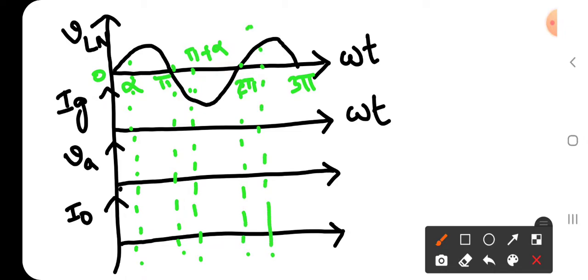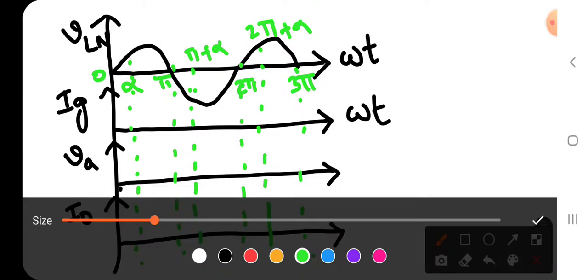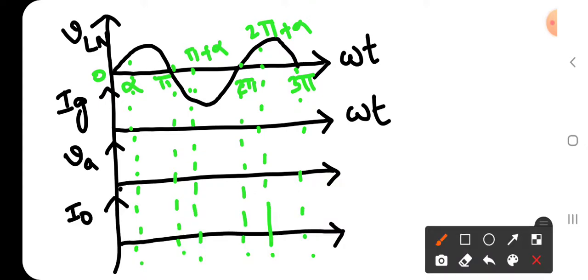And here it is 2 pi plus alpha and 3 pi. First let us draw Ig. We are giving the gate pulses at omega t equal to alpha during the positive half cycle. Therefore let me take these gate pulses like this. This is for T1 and T2, therefore I take this as Ig1 and Ig2.